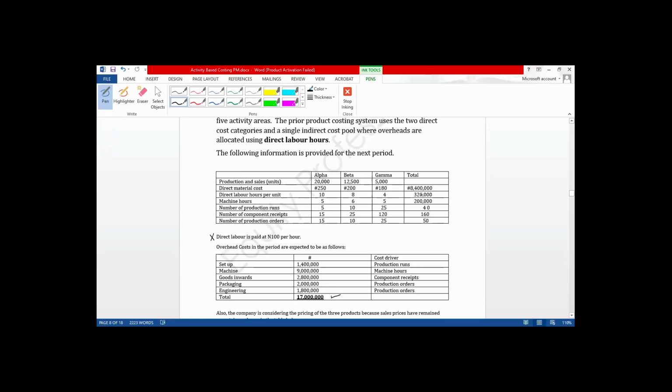Now you can ask yourself, how does the examiner derive this 320,000? Because 10 plus 8 plus 4 will not give me 320,000. Let us show ourselves how the examiner got 320,000.